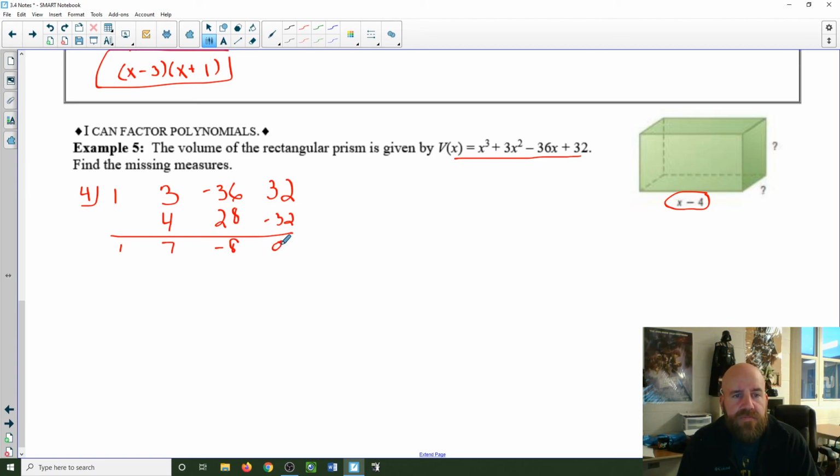So 0. So our function would be x squared plus 7x minus 8, which would factor down into factors of -8 that add to 7. We have 8 and -1. So those would be the two other side lengths, the missing side lengths, those two.